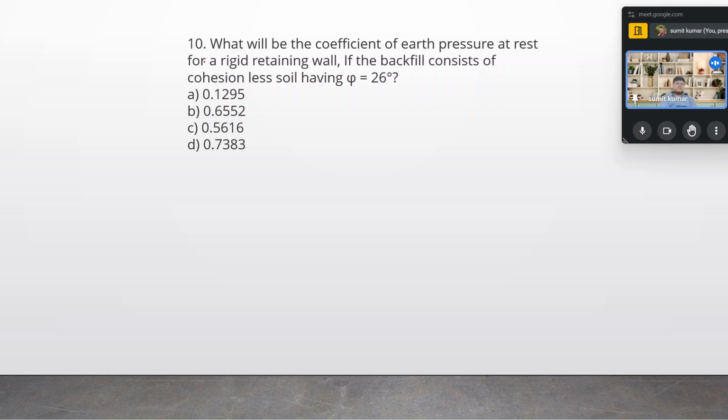Now move to the next problem, question number 10, which states: what will be the coefficient of earth pressure at rest for a rigid wall. The backfill consists of cohesionless soil having phi equal to 26 degrees. So first of all, find the important terms. It is asking for the coefficient, and then it is saying at rest, and then it has given the value of phi as 26 degrees.